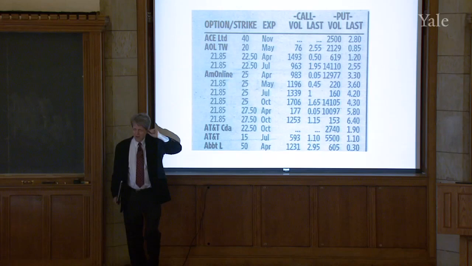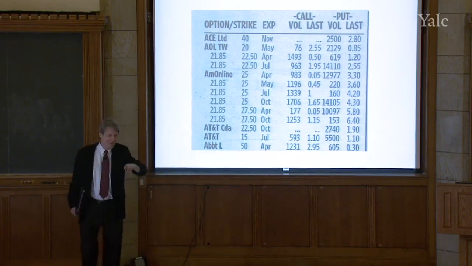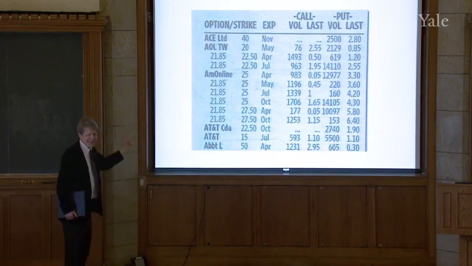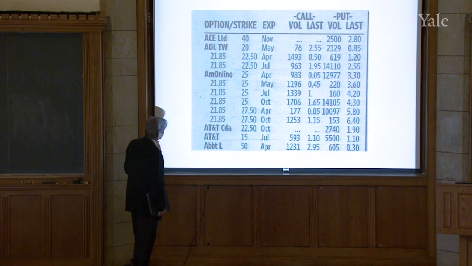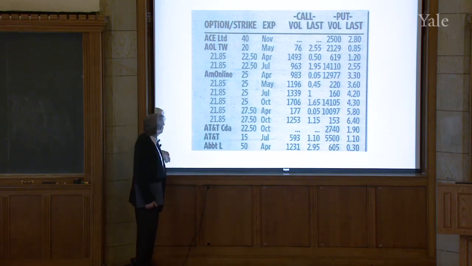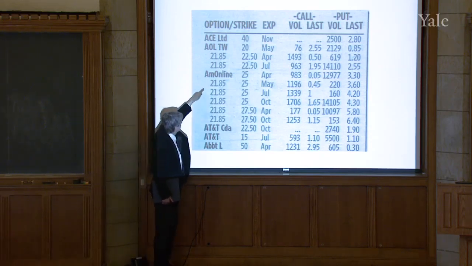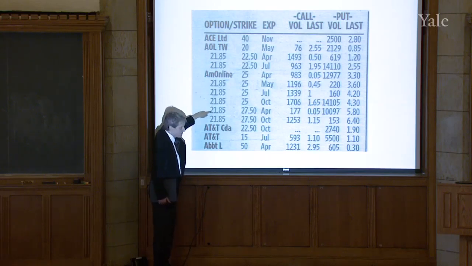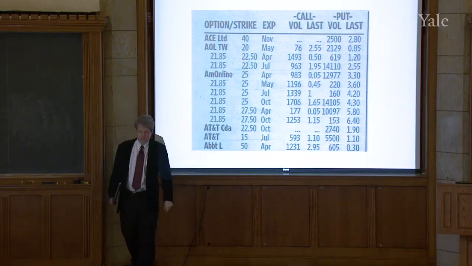AOL, by the way, was spun off by Time Warner last year, so they had a divorce. They were married in 2000, they were divorced in 2010. So you can get back to AOL options without now, but so anyway, under every, it shows the price of the share at $21.85 a share.